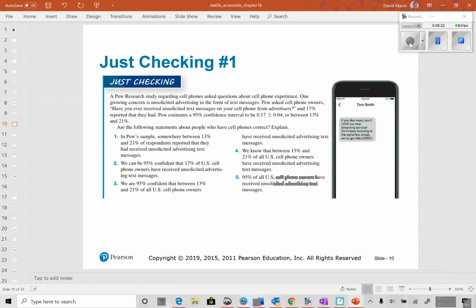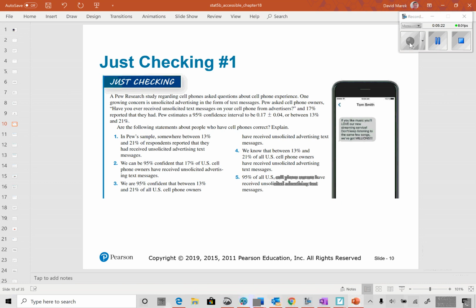The Pew estimates a 95% confidence interval to be 0.17 plus or minus 0.04. And if you can't do the math there, 17% plus 4% will put you up to 21. 17% minus 4 will put you down to 13. So between 13 and 21% of all people have received unsolicited text messages on their cell phone from advertisers.